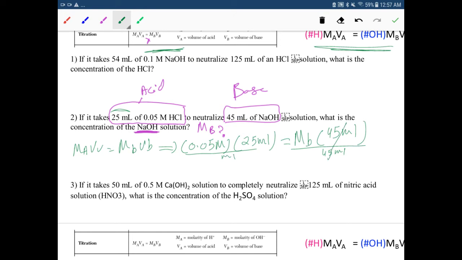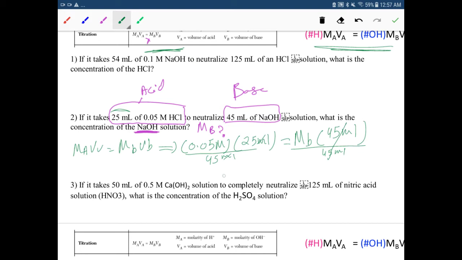Once I do this, I get MB is equal to 0.05 molar times 25 ml divided by 45 ml. The ml units cancel out, and when you do the calculation, it's 0.05 times 25 divided by 45.